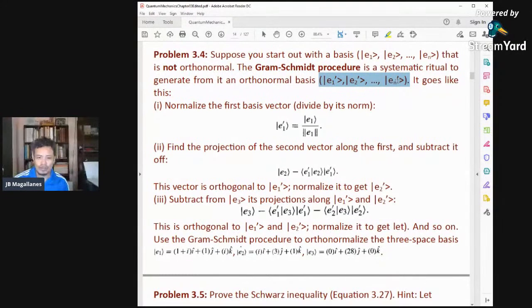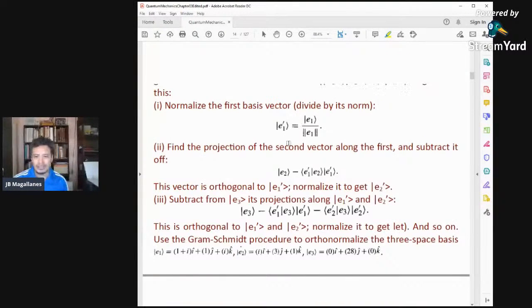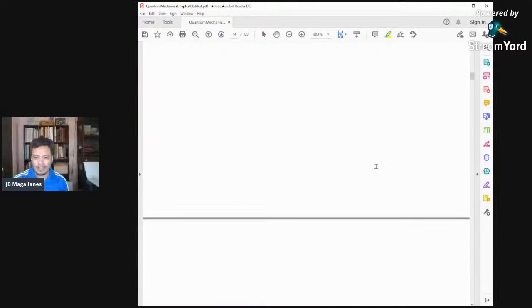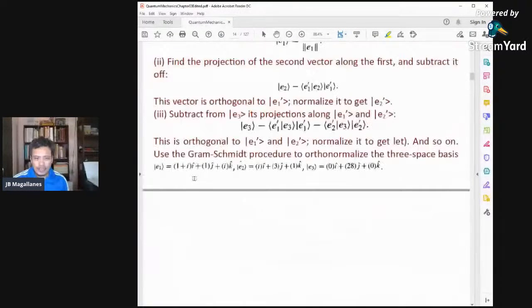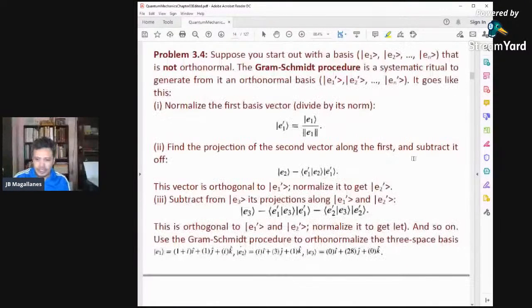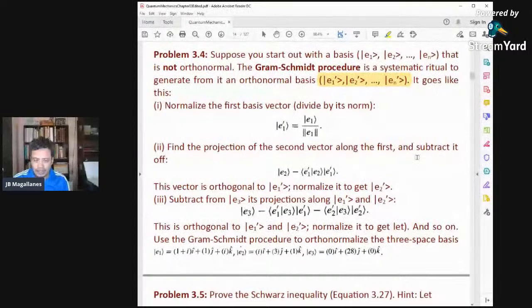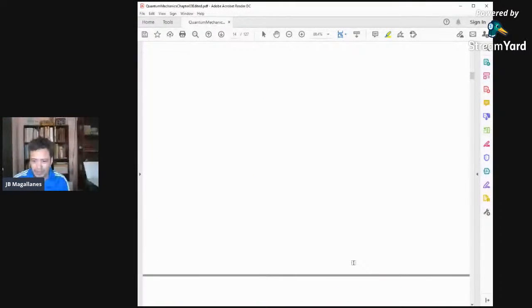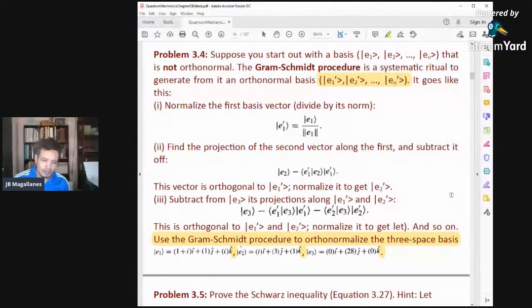You can try this procedure on these 3 vectors here, to orthonormalize the 3-space bases. Just try it and learn from it.